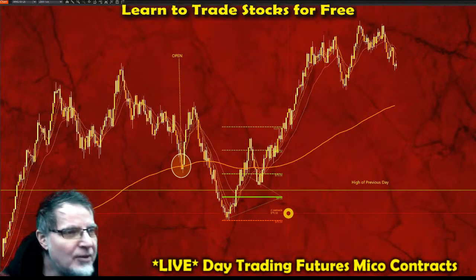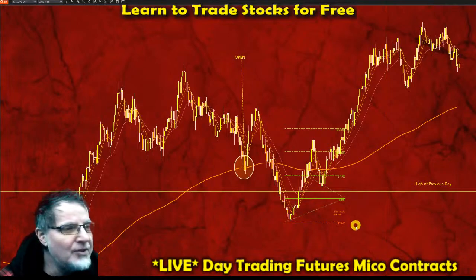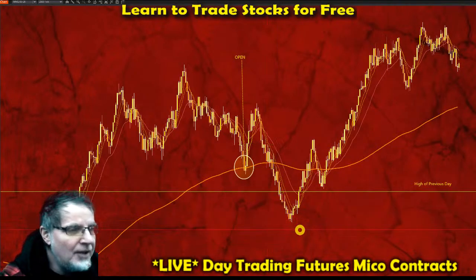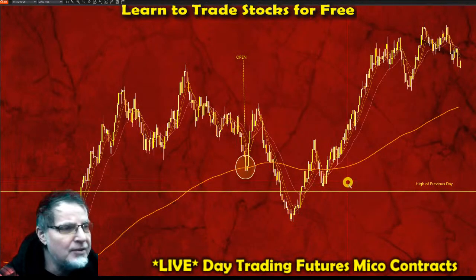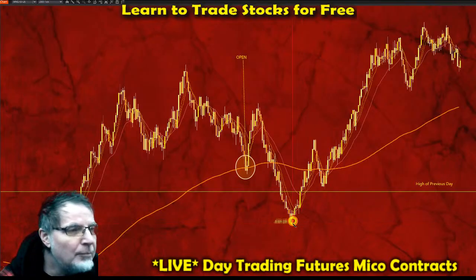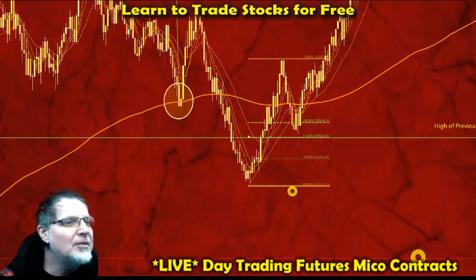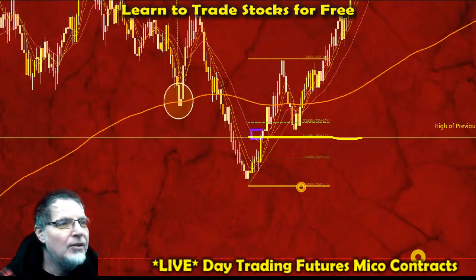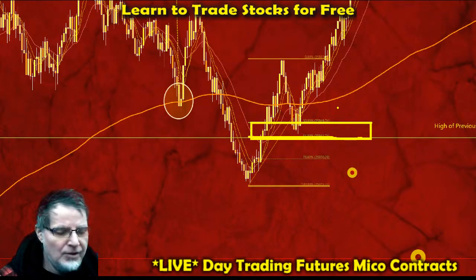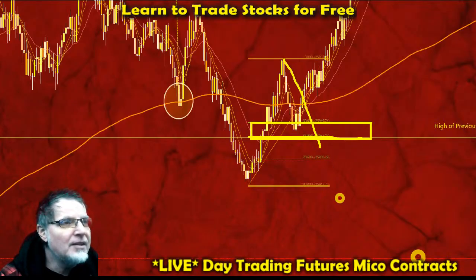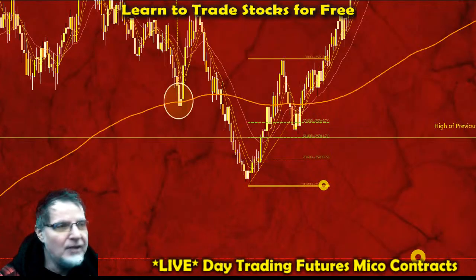And the entry could have even been once it breaks out over the high of the previous day, look for the Fibonacci level right here. So let's see how much this is. Boom. Look at that. Right above previous day's high, right in the golden zone. You could do a trend line break or just buy it on the green candle.